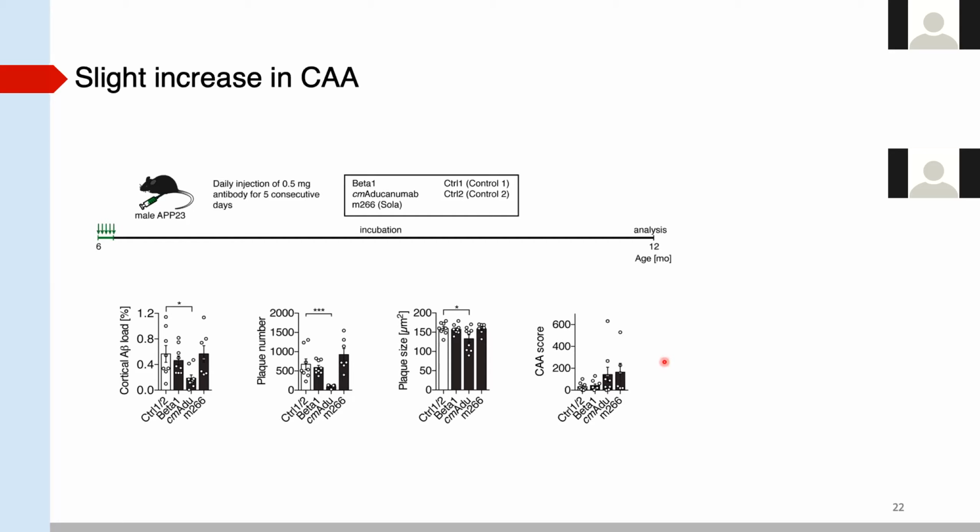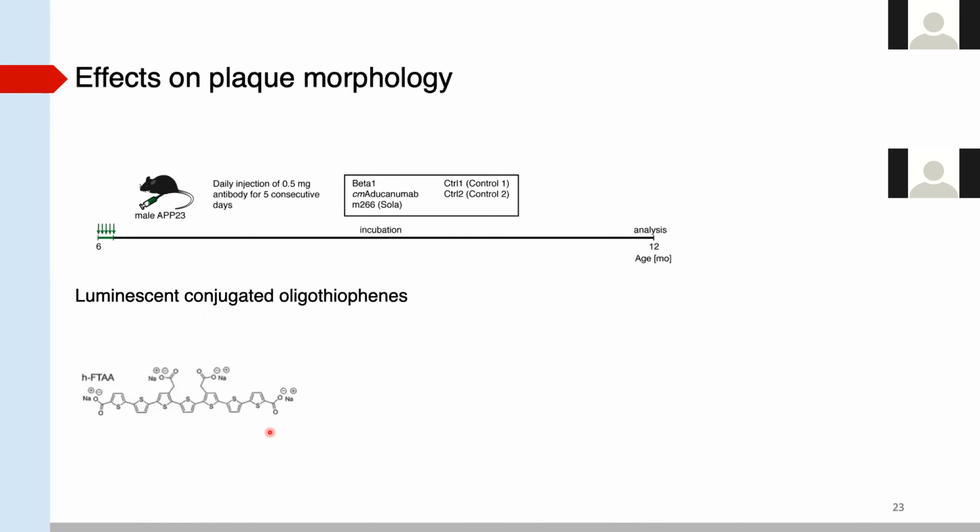So we could show, based on these results, that treatment with ADO actually reduced amyloid pathology, especially in plaque number. But we were also interested in seeing what this antibody might do to the plaque structure itself. For this, we used a specific class of dyes called luminescent conjugated oligothiophenes, and you can see this here.